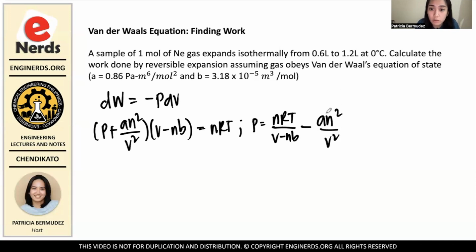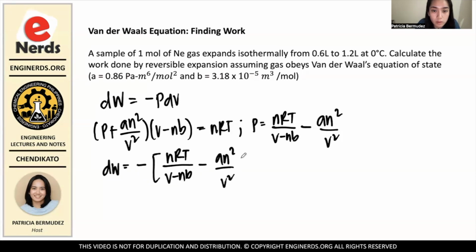What we are going to do now is substitute this into this equation. So our dW is equal to negative (nRT over V minus NB minus AN squared over V squared) multiplied by dV.